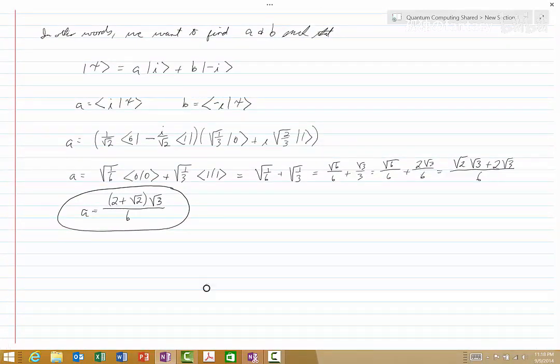And finding B would go in a very similar fashion.